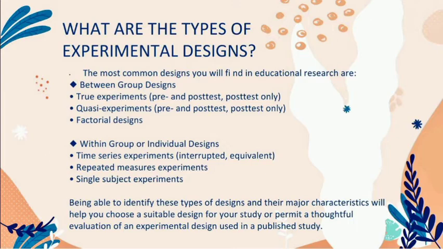The types of between group design. The first, true experiments, involve random assignment of participants to groups or units. This form of experiment is the most rigorous and controlled of all types. And then a quasi-experimental design involves the use of an intervention but not random assignment of participants to groups.